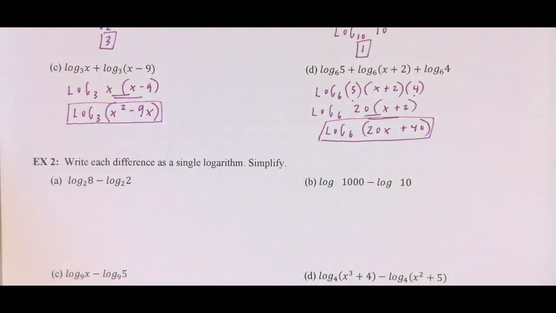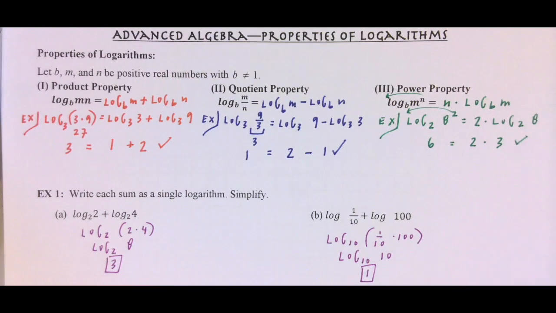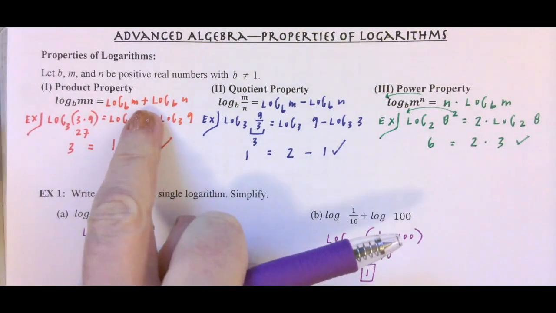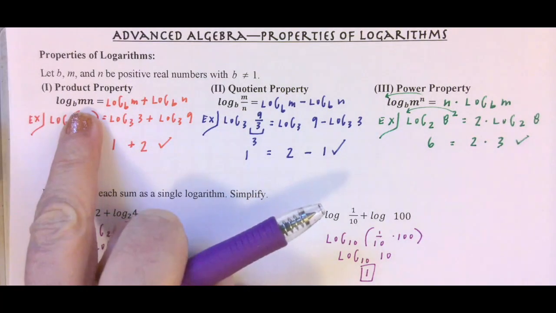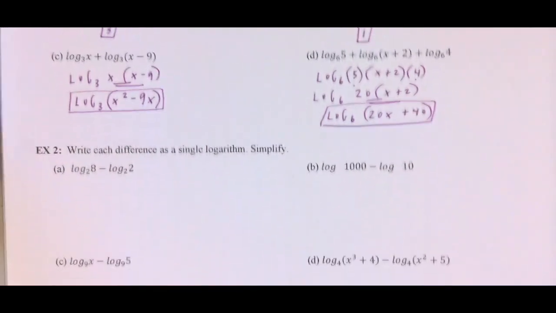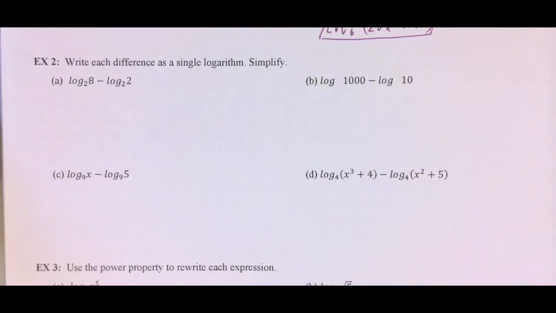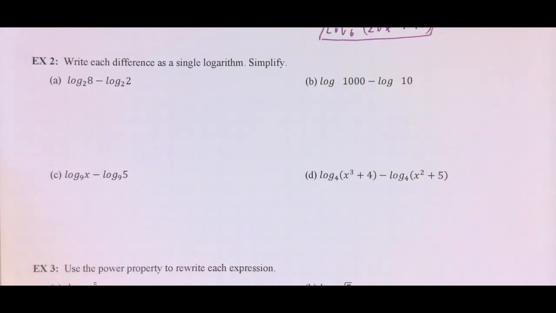So all of those are examples of the product property, right? Where we know that we can take two terms that are joined by addition and fuse those two arguments together using multiplication. Okay, next is really using that quotient property. So here, these terms are joined by subtraction.